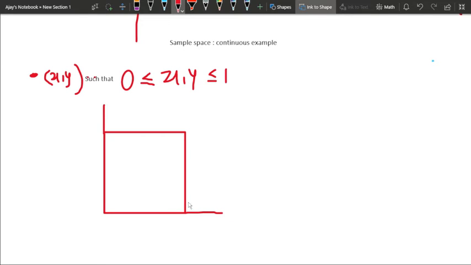This is the Y axis and this is the X axis. This is 1 and this is 1.